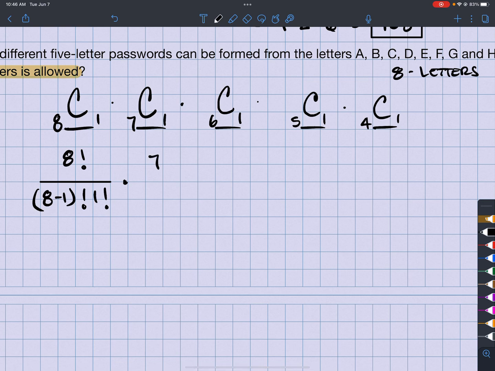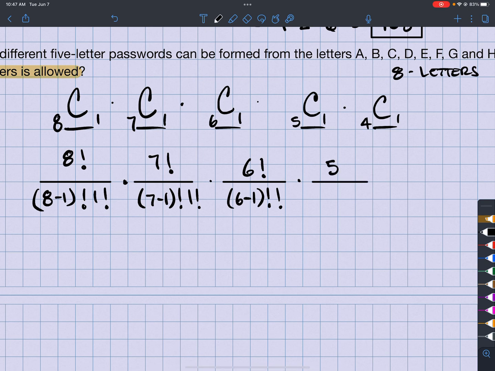This would be 7 factorial over 7 minus 1 factorial, 1 factorial. 6 factorial over 6 minus 1 factorial, 1 factorial. 5 factorial over 5 minus 1 factorial, 1 factorial.